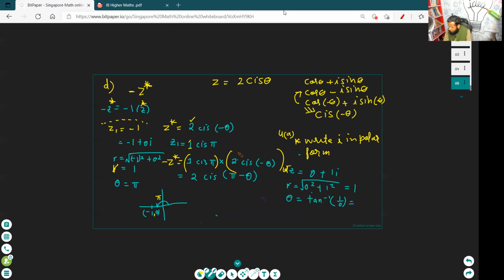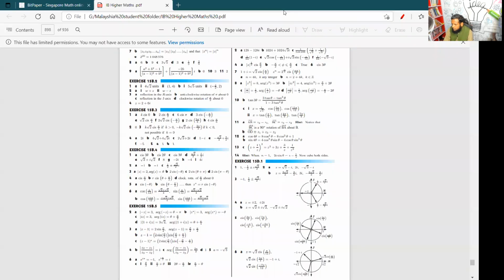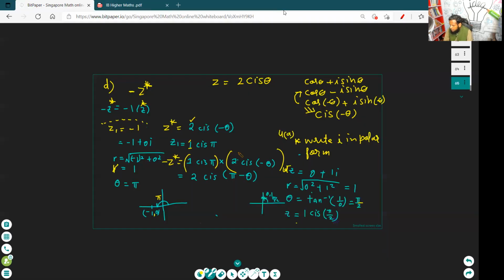Need to draw. Okay, good. Make the angle, show the angle here. This is pi by 2. So then in polar form, it would be 1 cis pi by 2, and there is no need to write 1, we can write directly pi by 2.